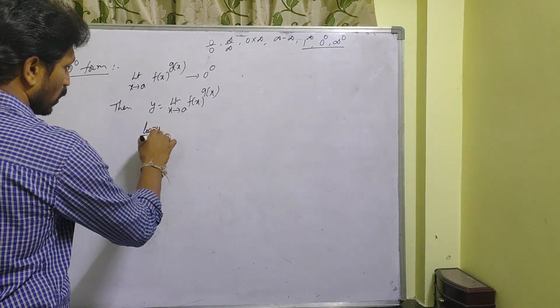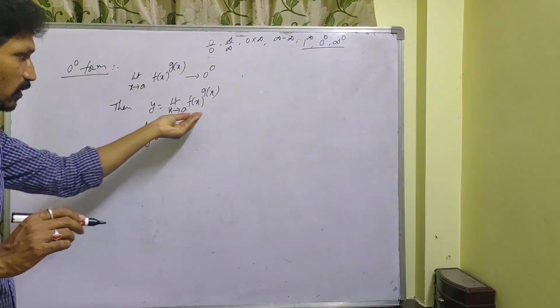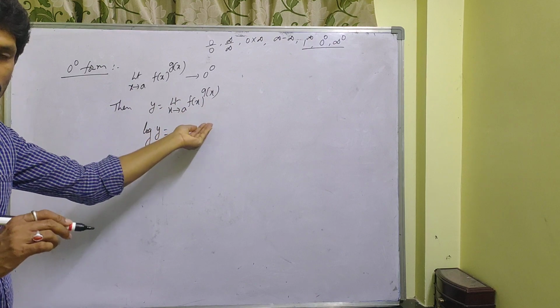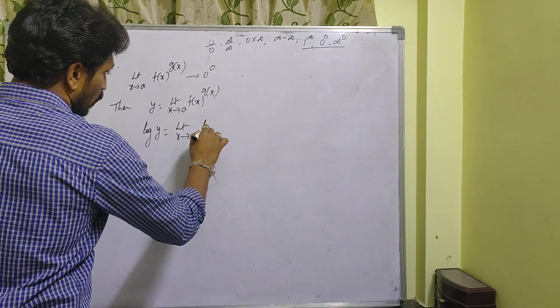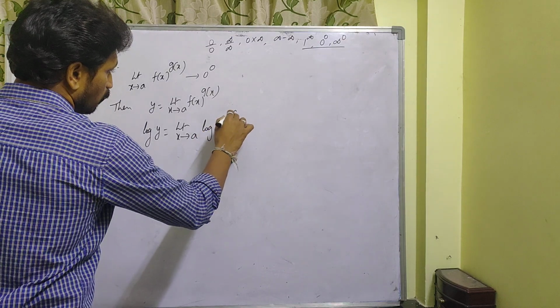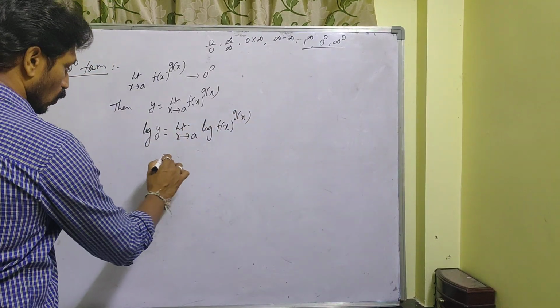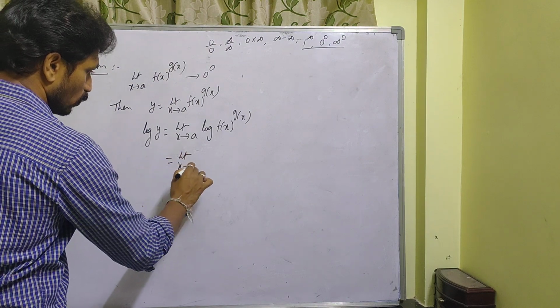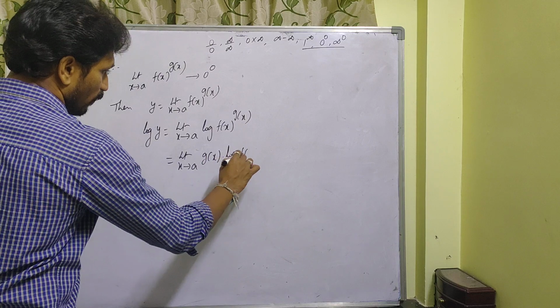So log y is equal to log of the function; we cannot apply log to the limit itself, so transpose log inside. This is nothing but limit x tends to a, log of f of x power g of x. This g of x comes to the front, so this is equal to limit x tends to a, g of x into log f of x.